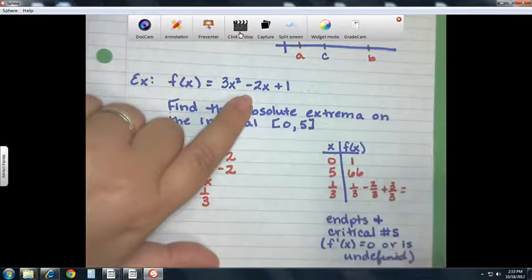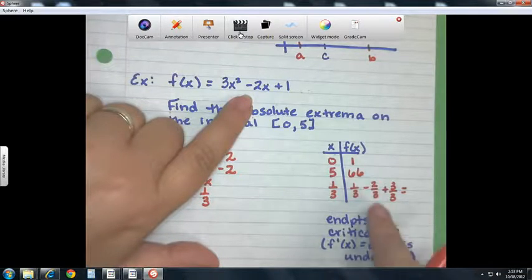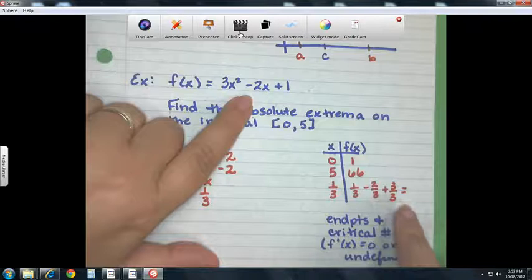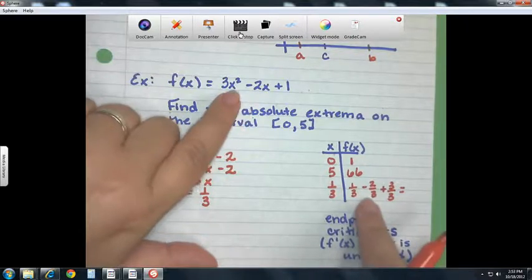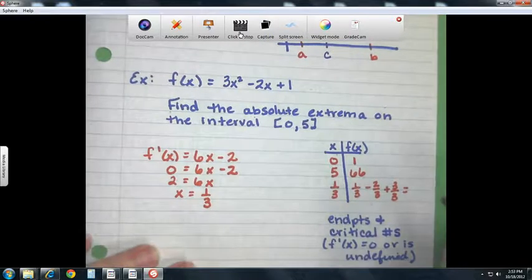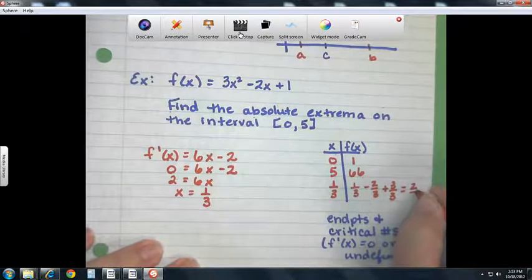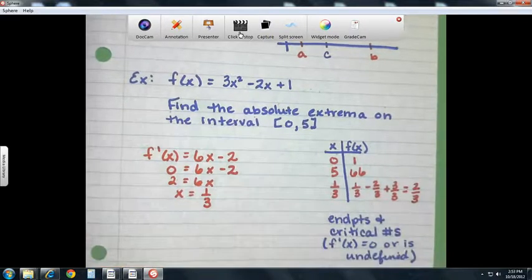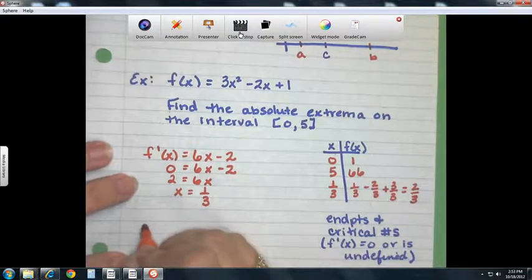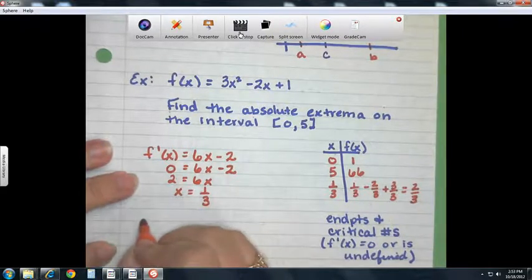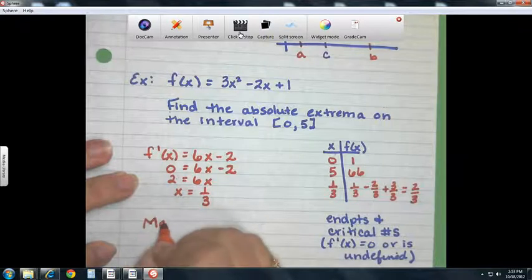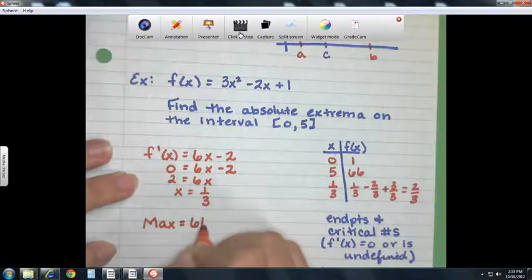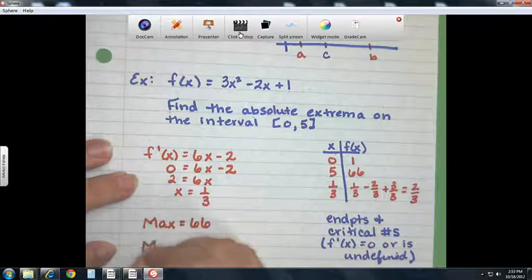So negative 1/3 plus 2/3 or plus 3/3 is, okay, so what is my maximum value? What is my minimum value? 2/3.